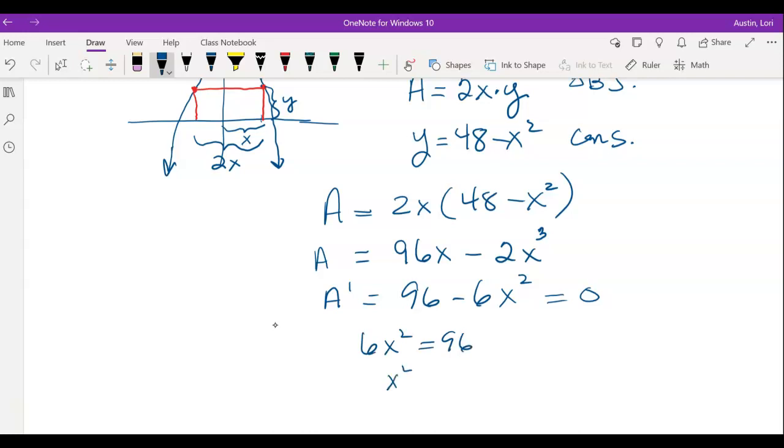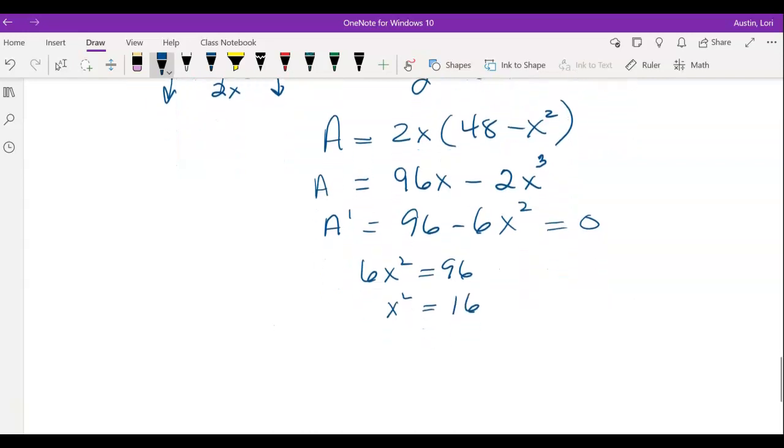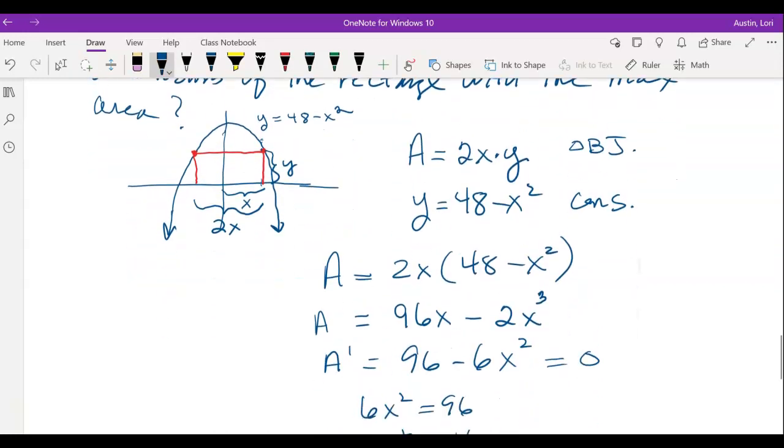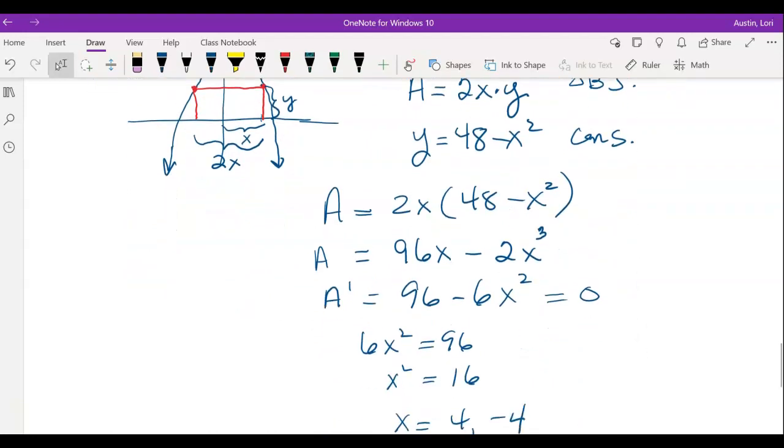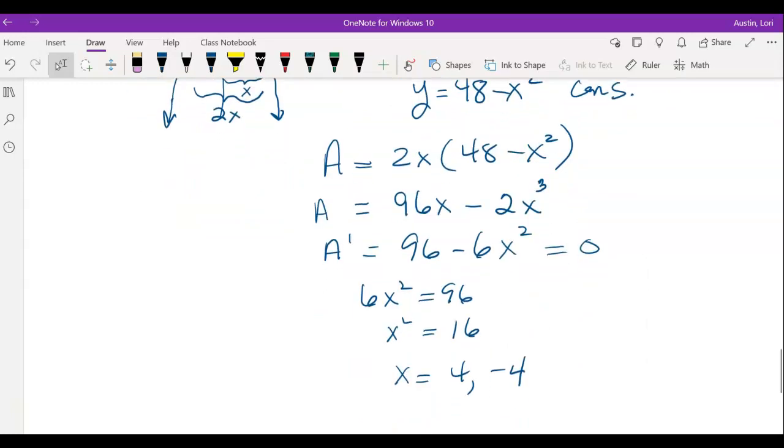What does it go in as? 16. Oh, that's easy. So here's a case where we get 4 and negative 4, and it kind of makes sense. You can all tell me right away, yeah, that makes sense.